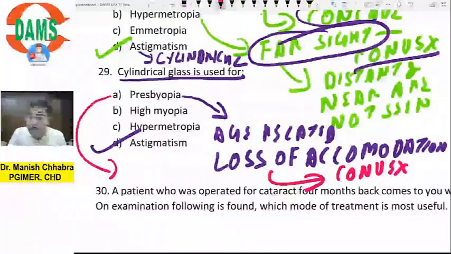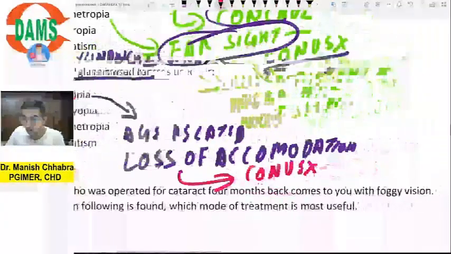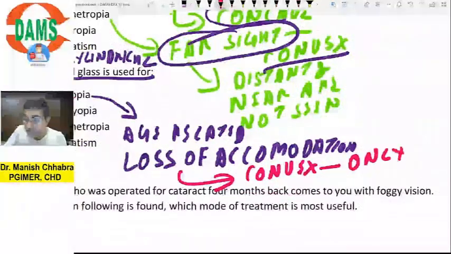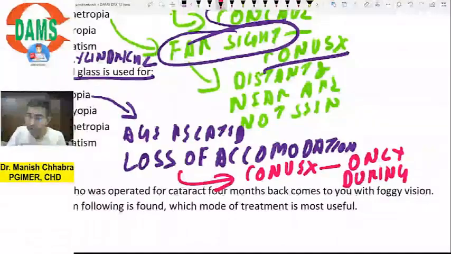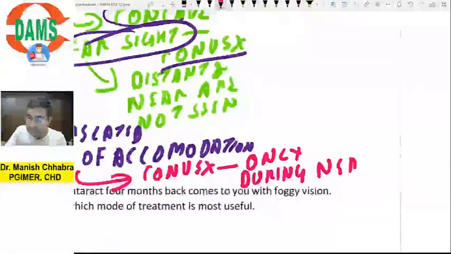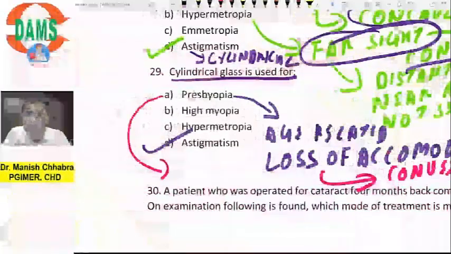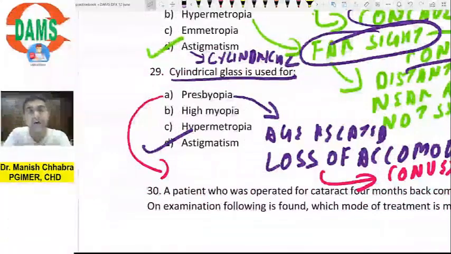So here the convex glasses are used only during near work, right? So that is the difference. Don't say okay sir, convex glasses are being given in presbyopia and in hypermetropia, so both are same. Both are not same, my dear friends, right?